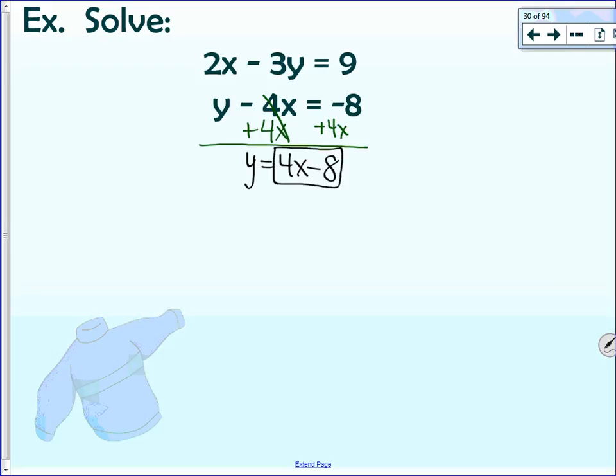So that's what y equals. Now, you use the second equation already. So you're going to substitute in for y in the first equation. Right here. So I'm going to recopy the first equation. 2x minus 3y. Instead of writing y, I'm going to write 4x minus 8, what y equals. And that is 9. Now, when you distribute, you're distributing a negative 3, not a 3.